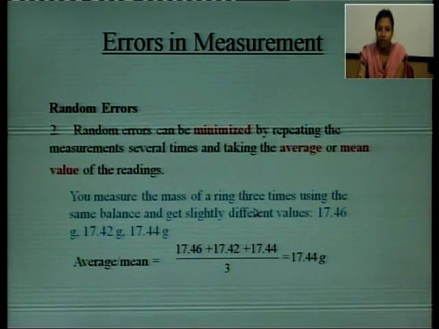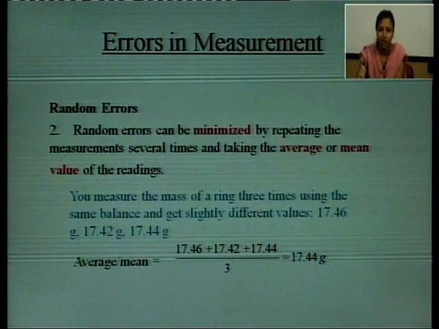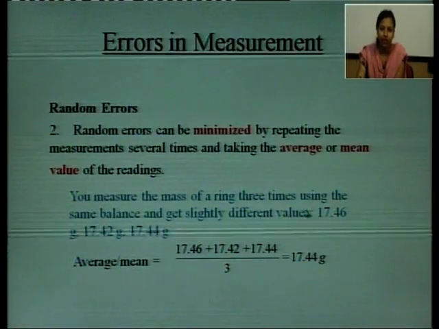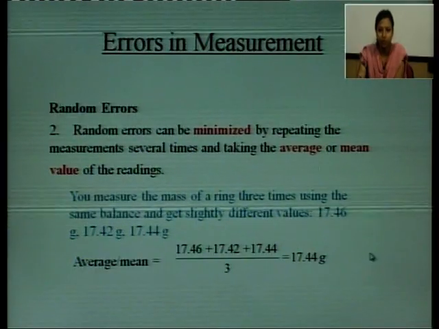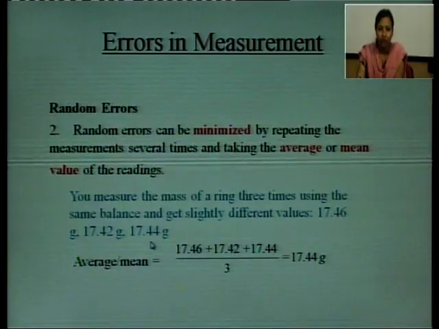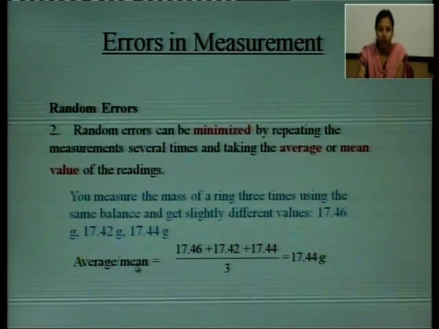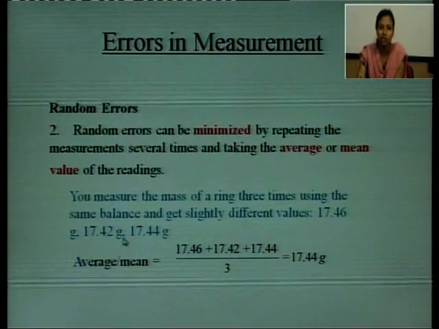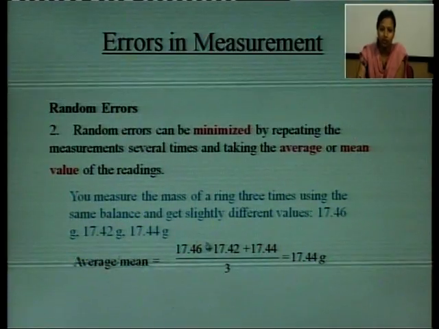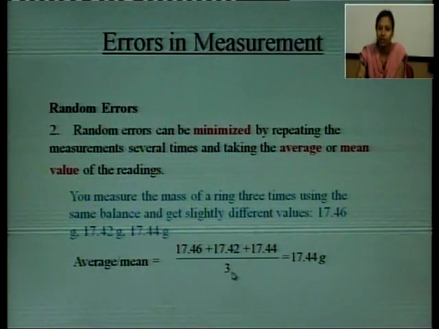Suppose you measure the mass of a ring 3 times using the same balance and get slightly different values like 17.46 gram, 17.42 gram and 17.44 gram. The average or the mean of these 3 measurements is equal to the sum of all 3 divided by the number of measurements.